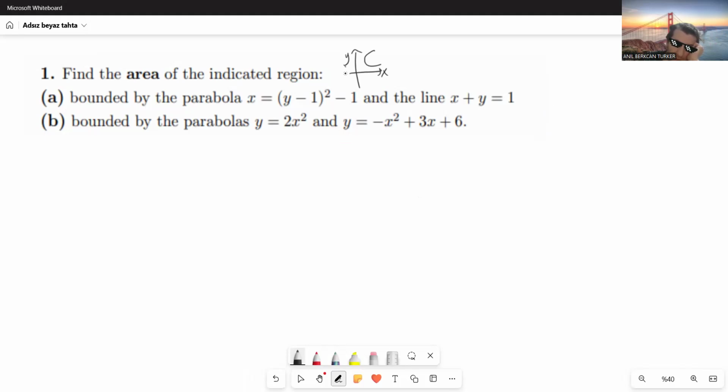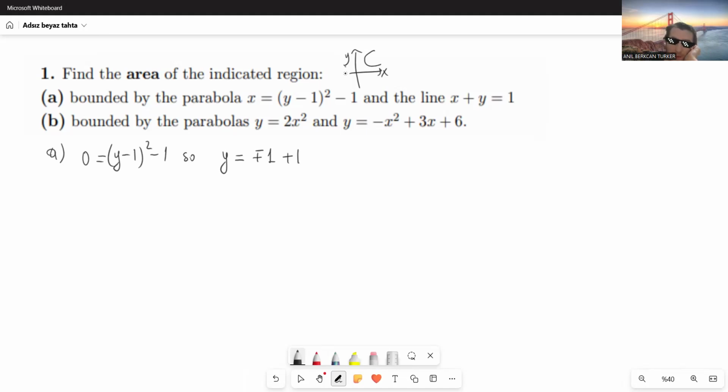Okay. To be able to find its intercepts on the y-axis, we need to set x equals 0, because x equals 0 is the y-axis. So 0 is equal to (y minus 1) squared minus 1. So y is equal to plus minus 1 plus 1.